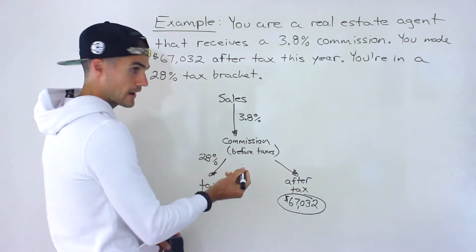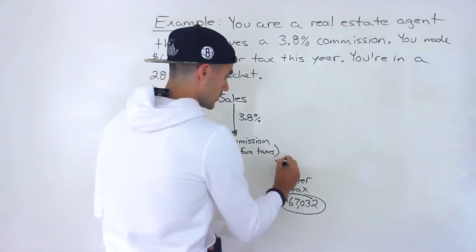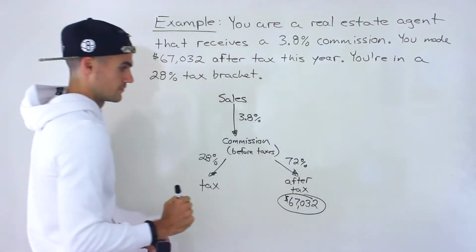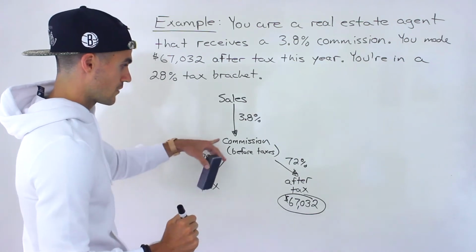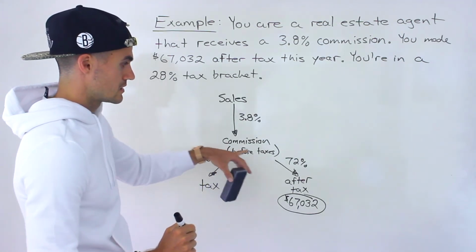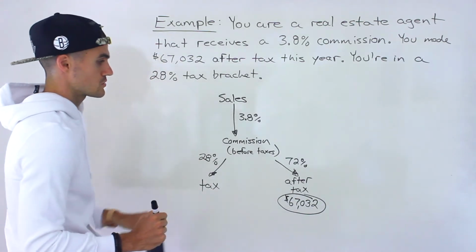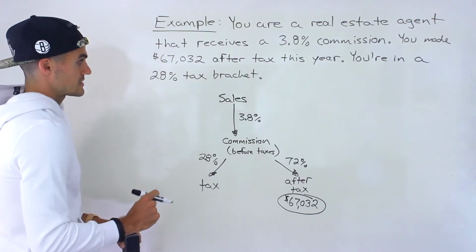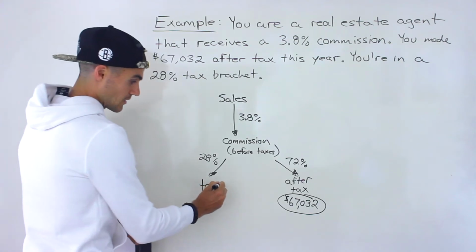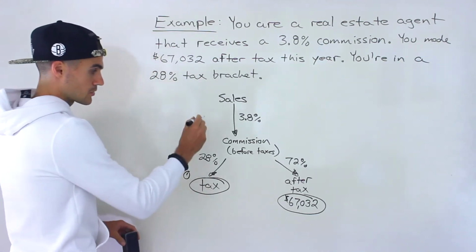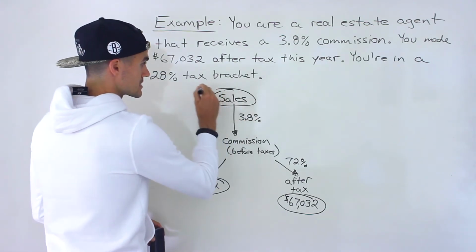Well, 100 minus 28% gives you 72%. So from this commission that you make, you get to keep 72% of that, and 28% goes to the government. Number one is asking, what is this amount? And number two is asking, what is this amount?